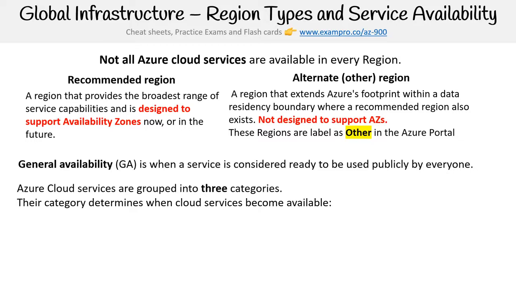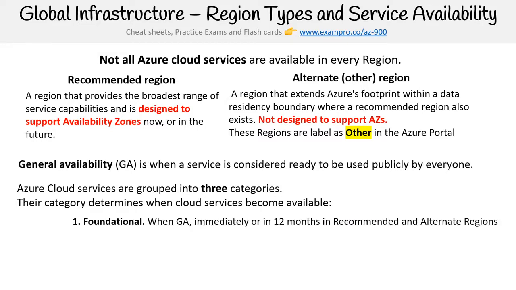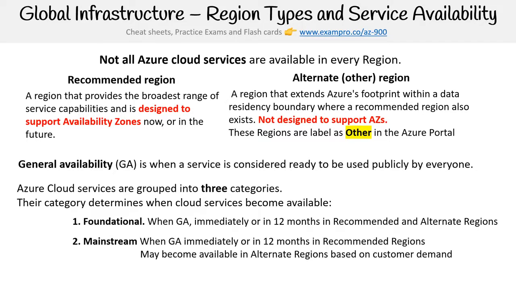Azure categorizes three different types of availability for services. The first one is foundational. A cloud service that is foundational is going to be available immediately in recommended and alternate regions when it goes GA, or at least within 12 months of the time that it was announced. Then you have mainstream.